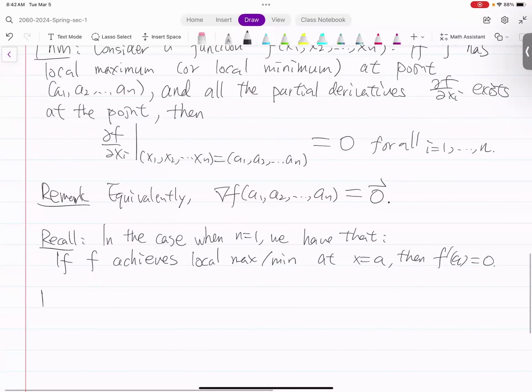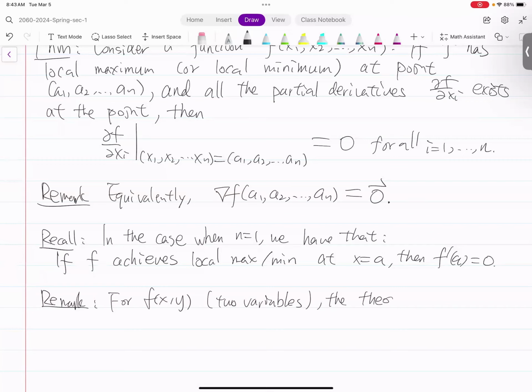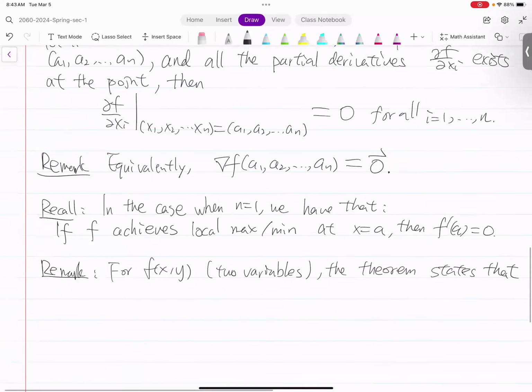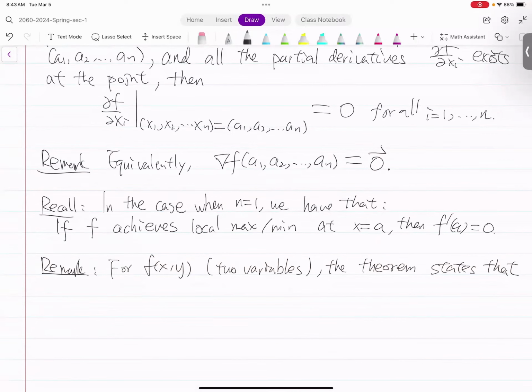So, remark. For a function f of x, y having two variables, the theorem states that, so basically we need two things.